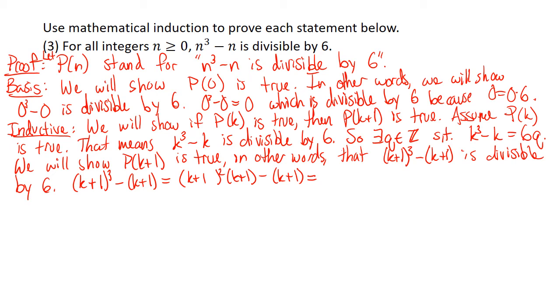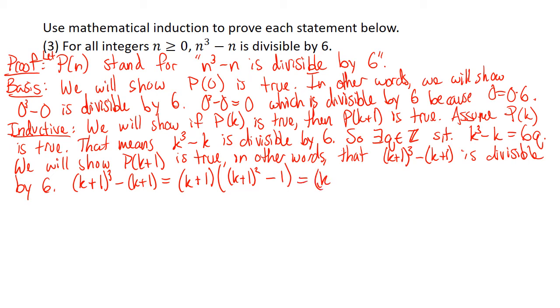Actually, what might be easier is if I factor a k plus 1 out of both terms. So k plus 1 times k plus 1 squared, and then minus 1. I think that might be easier.